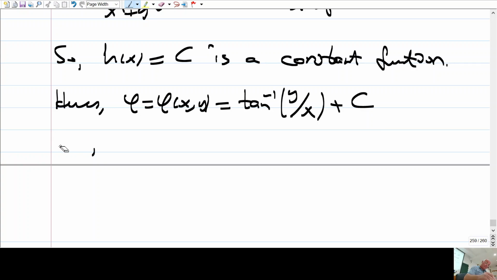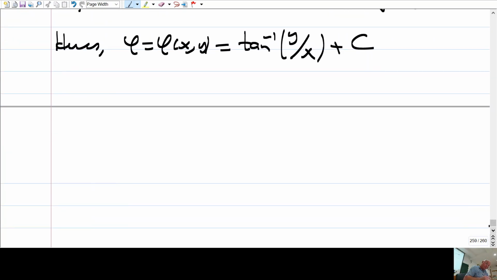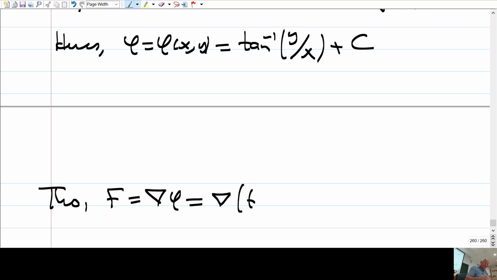So hence, thus, let me write it. Thus f is equal to the gradient of this function, which is just tangent inverse of y over x plus a constant, or is equal to this one.